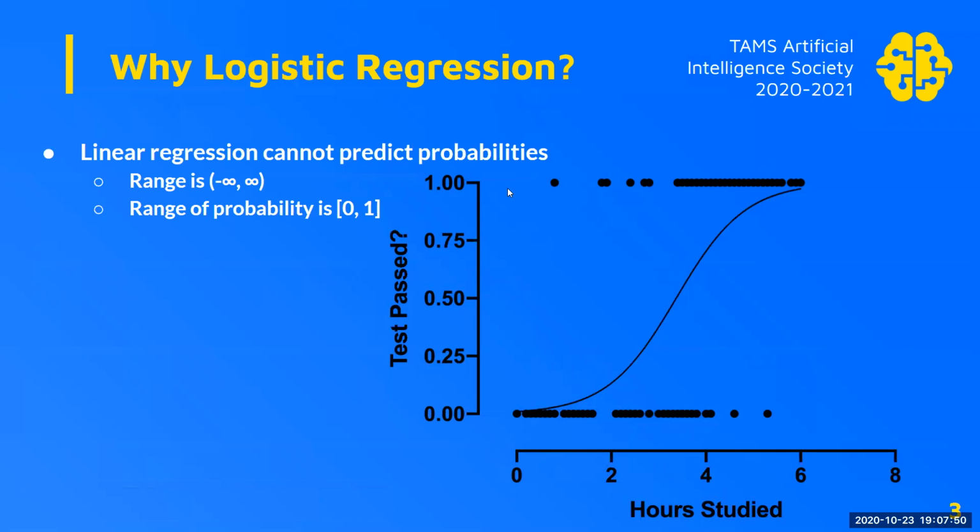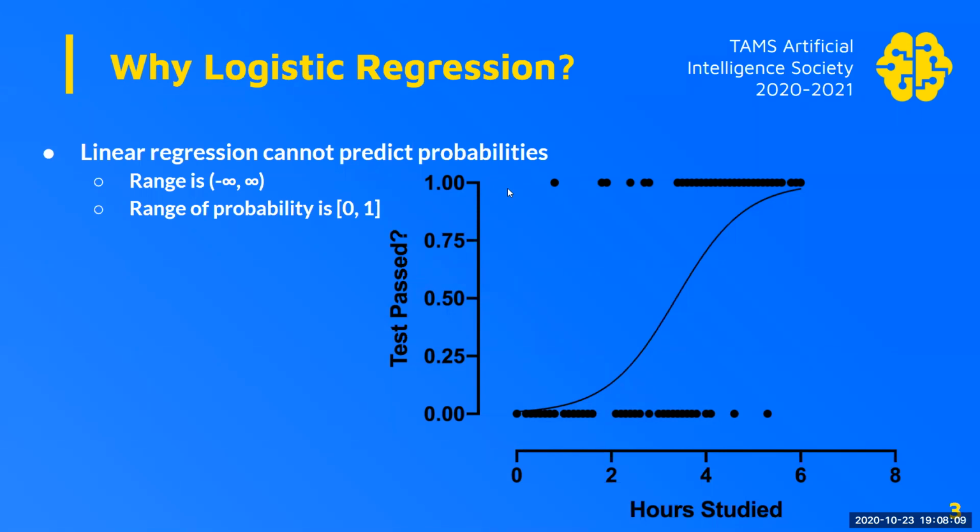The reason you're allowed to do this is because the output of logistic regression is actually similar to naive Bayes. It's basically a probability that it outputs.